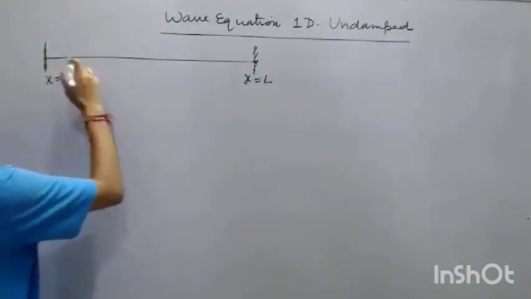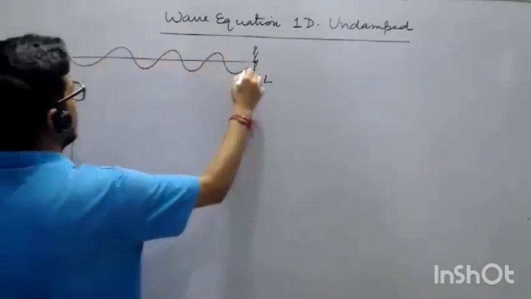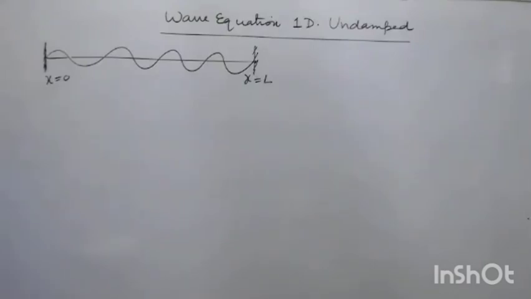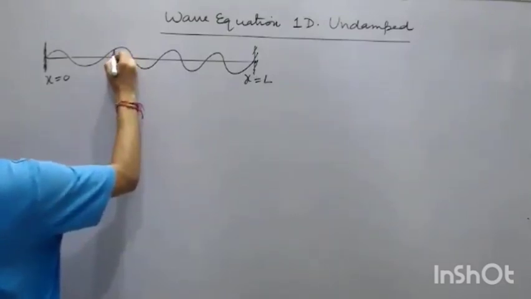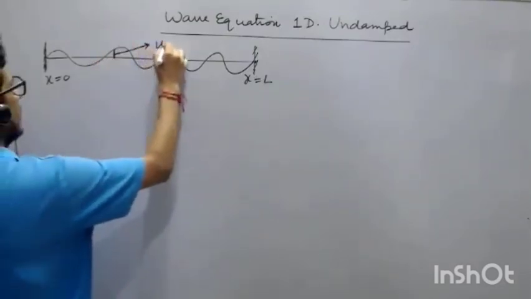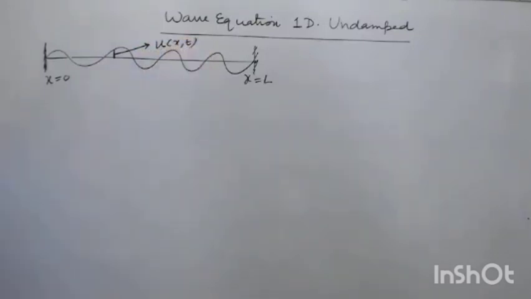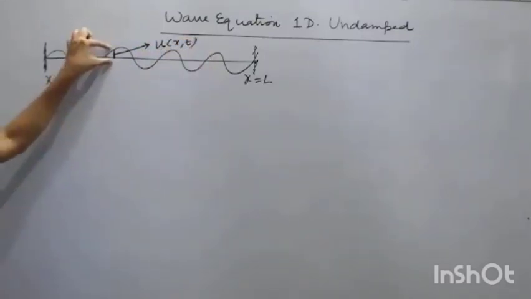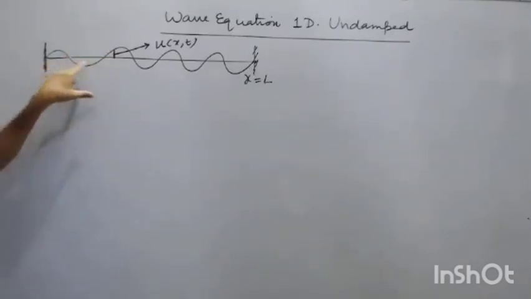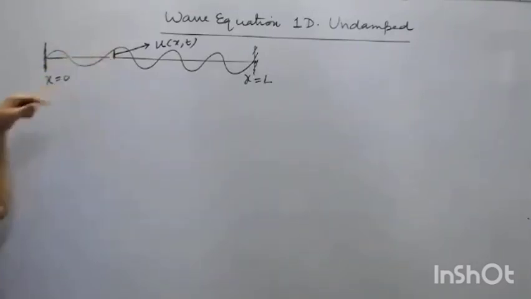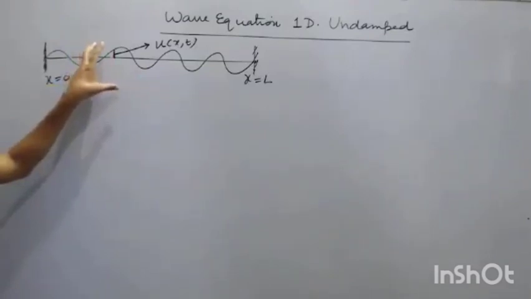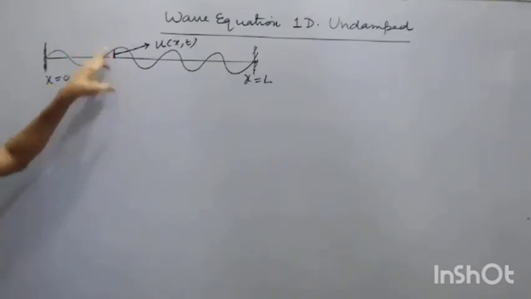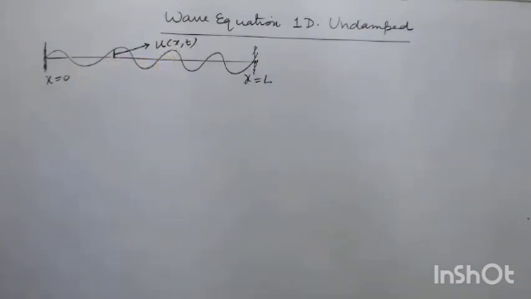So suppose you give a small displacement, it will start oscillating like this, and at any location the displacement is written by u(x,t), because this displacement will be a function of x also. You can see here it is 0 and here it is something, so that means it is depending on x, and it is depending on t also, because if you are watching this movie you will see that at the same place the displacement is changing, so that's why this displacement u is a function of position and time, correct?